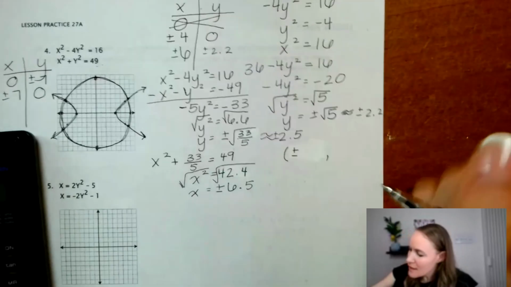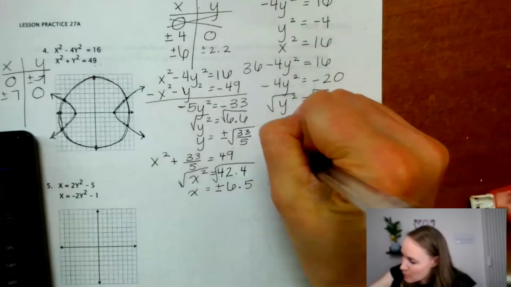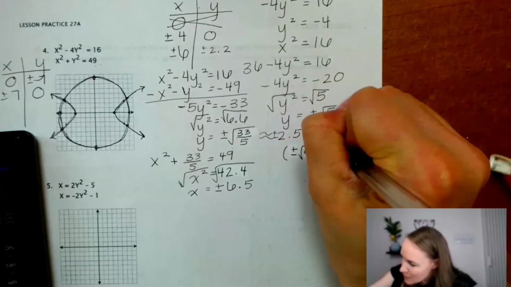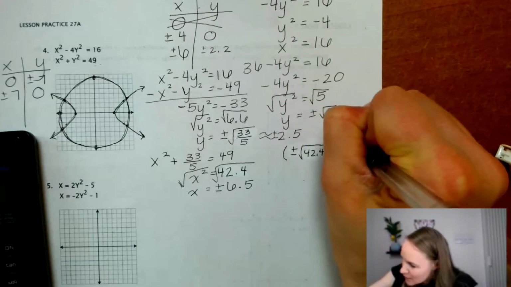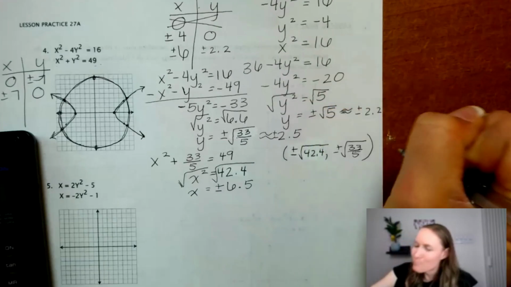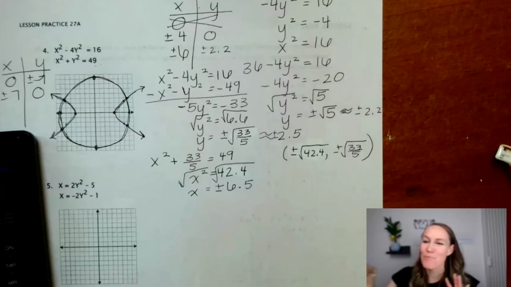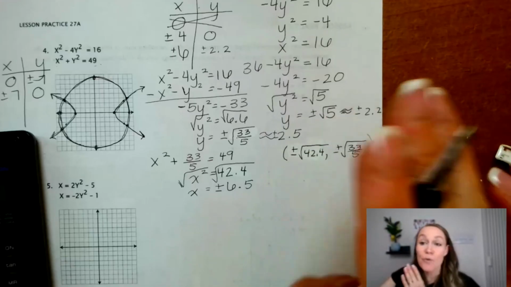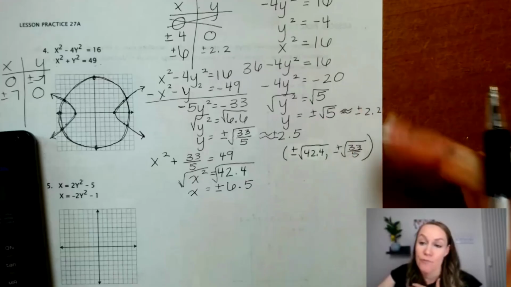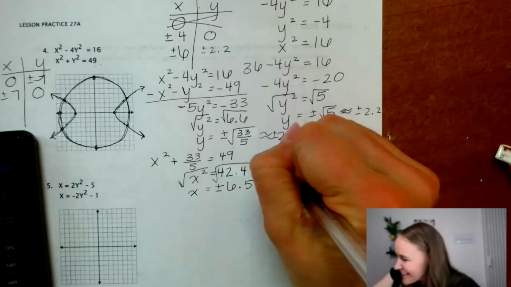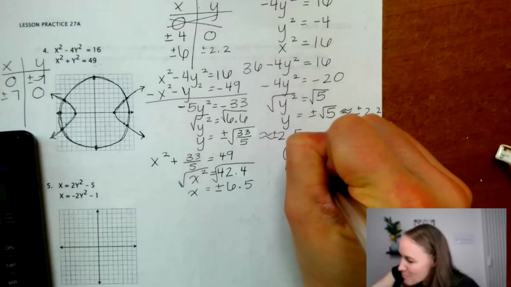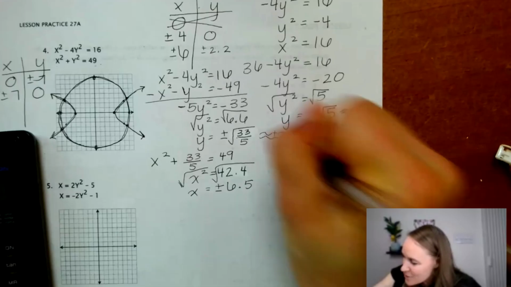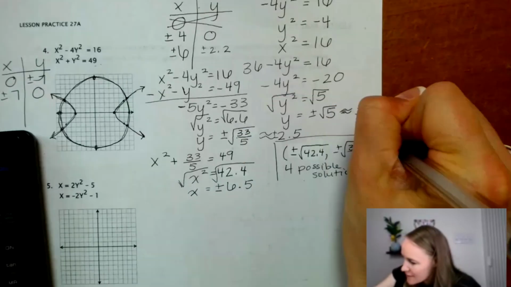Plus minus the square root of 42.4, comma, plus minus the square root of 33 over 5. I know it's messy. 4 possible solutions. So because I wrote it like this, I really want to tell my teacher that I understand there's 4 possible solutions. And as a homeschool teacher, I would absolutely take that.